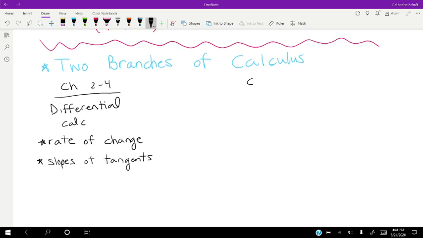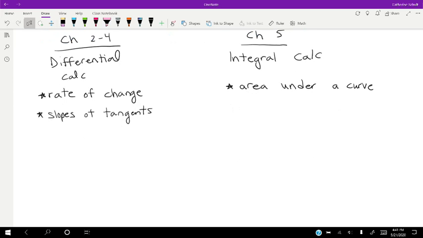And then in chapter 5, where we're at now, we're looking at integral calculus. And now we're dealing with area under a curve. And we also looked at applications of area under the curve.